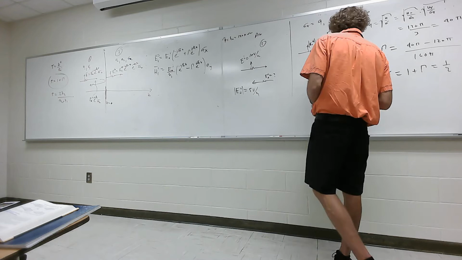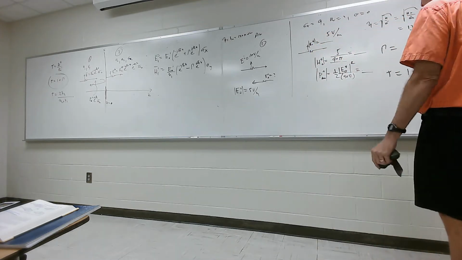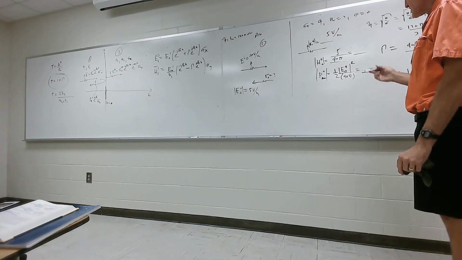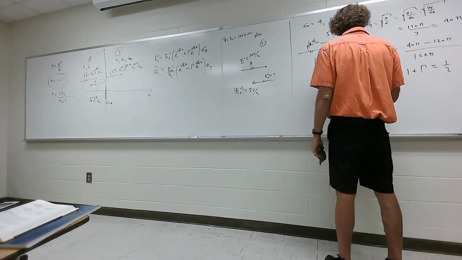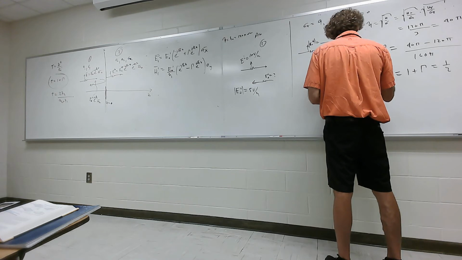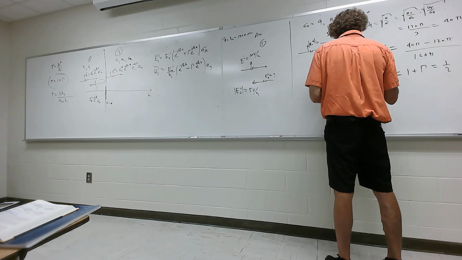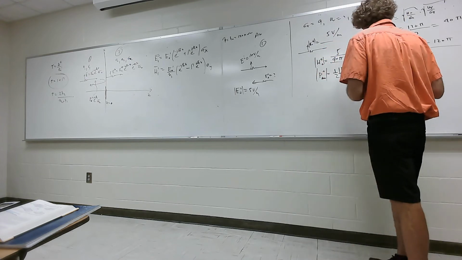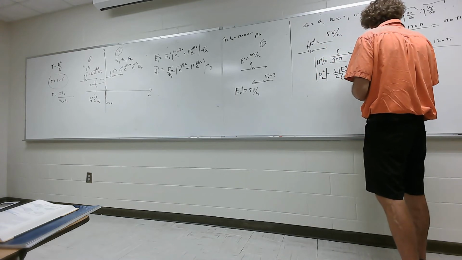Now, the transmitted E field was 5 volts per meter, right? So 5 squared is 25, so it's going to be, let's see, 25 by 2 divided by 40 pi, and I'm not sure what that is, but I think you get the gist of what's going on here.